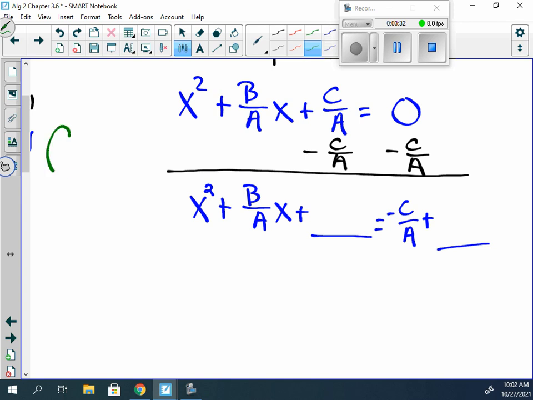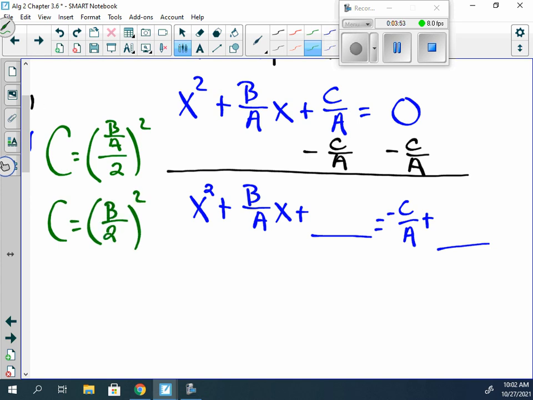Well, different c, but we're finding the c term to make our perfect square trinomial, which would be our b value over 2 squared. Well, the b value is b over a. Now, b over a divided by 2 actually works out to be b over 2a.